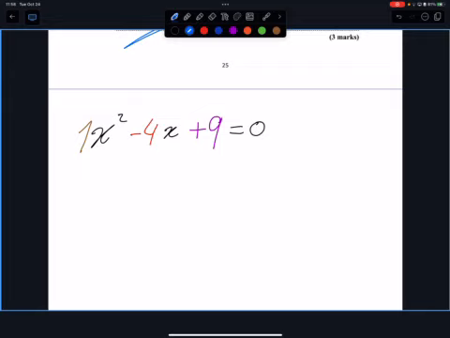ABC formula says the first step: you find the discriminant, and the discriminant has a formula.